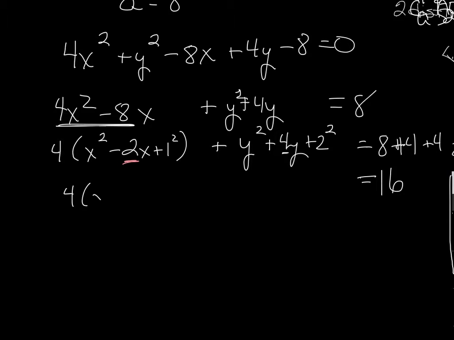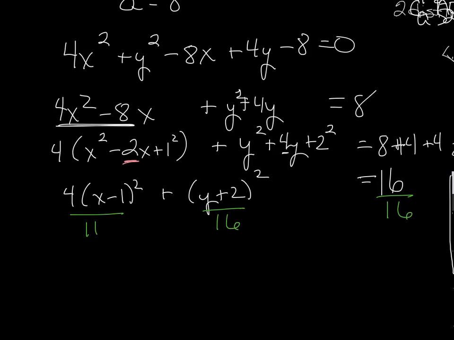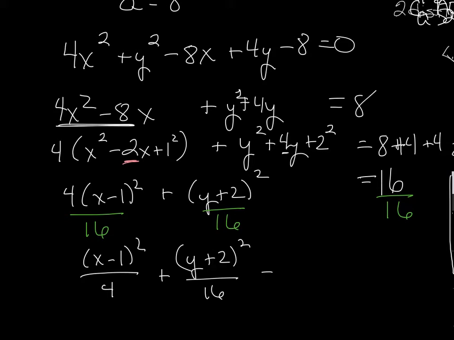We get 4 times x minus 1 squared plus y plus 2 squared equals 16. Divide by 16. And we have x minus 1 squared over 4 plus y plus 2 squared over 16 equals 1.